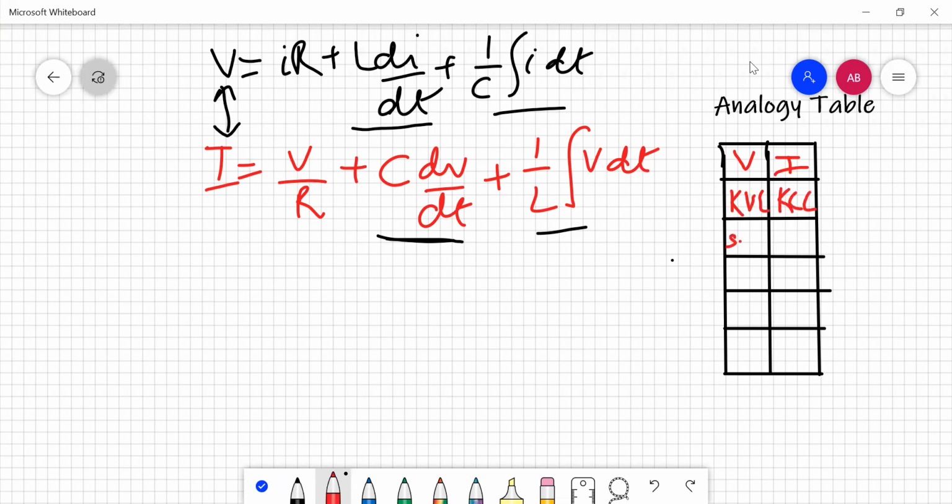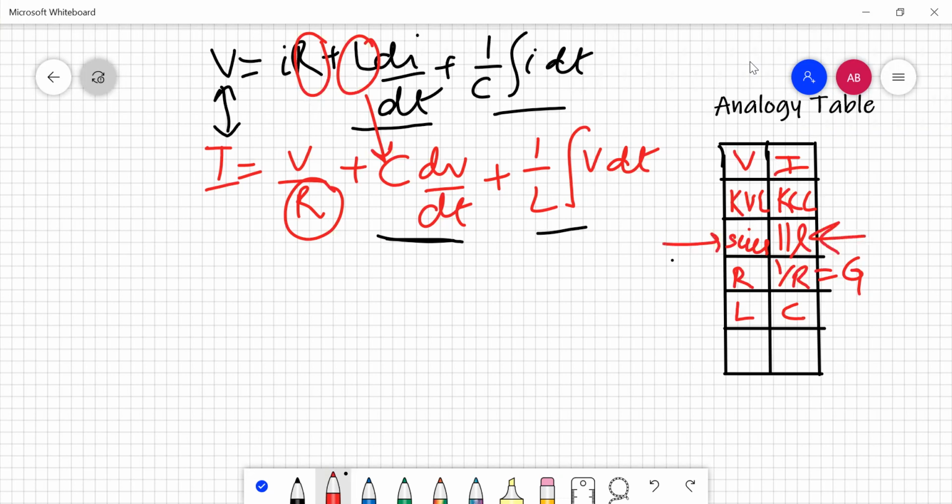That means if we have a series connection, it will be replaced with a parallel connection. If we have R here, it will be replaced by 1 upon R in the other circuit, that is equal to conductance G. Similarly, if we have L here, it will be replaced with C. So when we talk about analogy, when we are changing our circuit from series to parallel, all the components will be replaced by their counterparts, as can be seen from the analogy table.